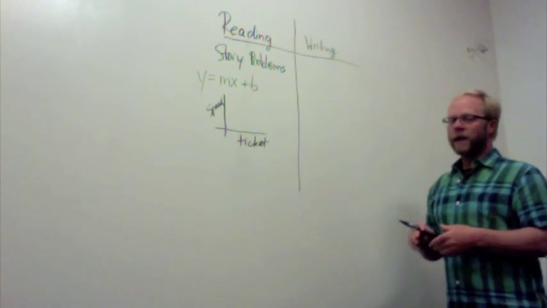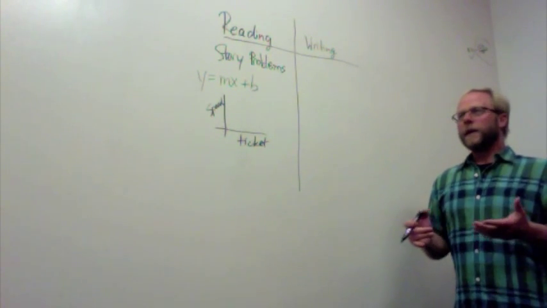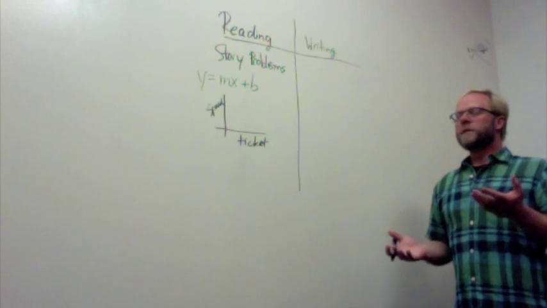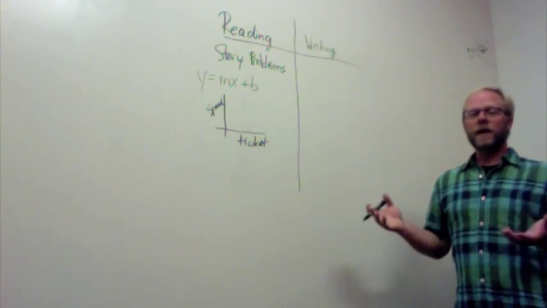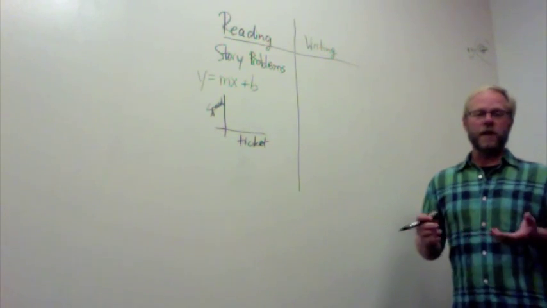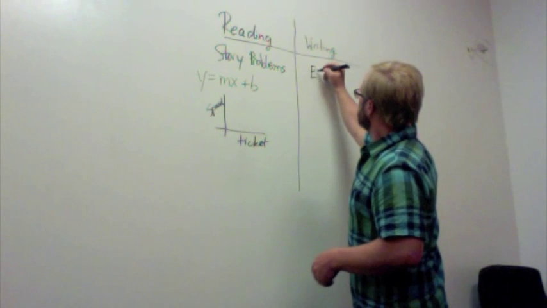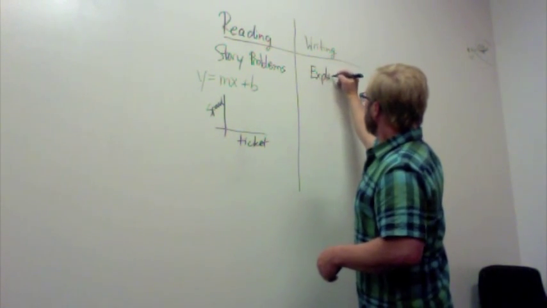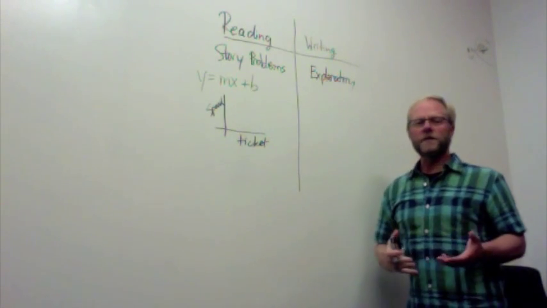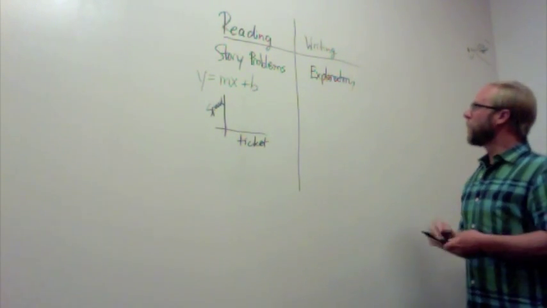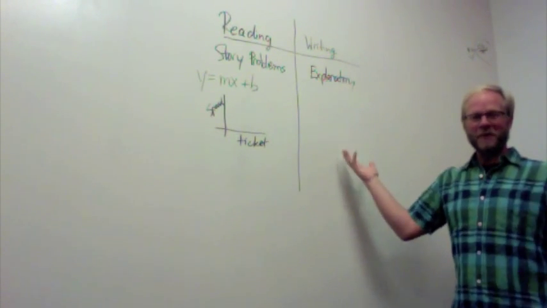In terms of writing, we do a lot of writing in math class too. The most maybe similar to what you find in an English class would be writing an explanation for, or a justification for a solution to a problem. So any sort of explanatory writing that you're asking students to do, or anytime you're asking them to explain in writing, that's the kind of writing that you're asking them to do.